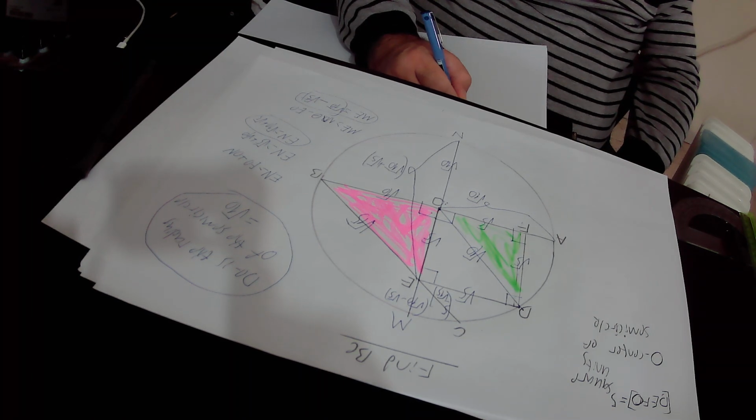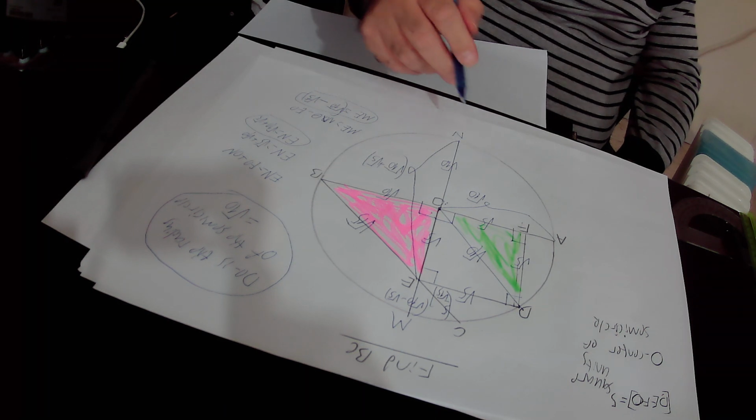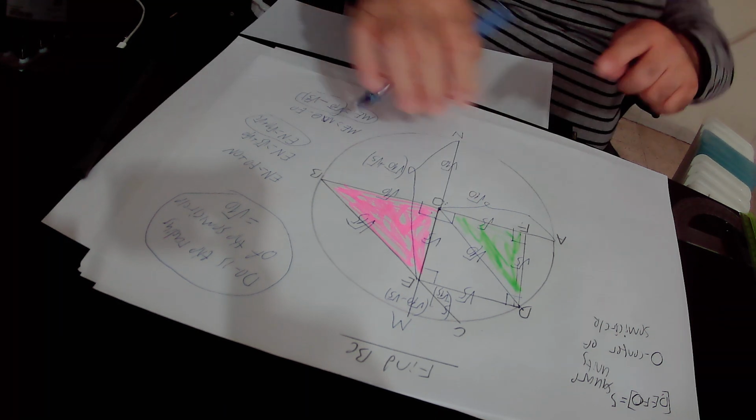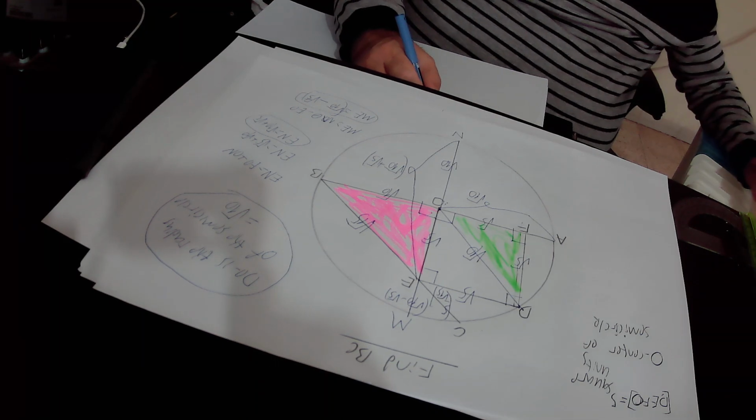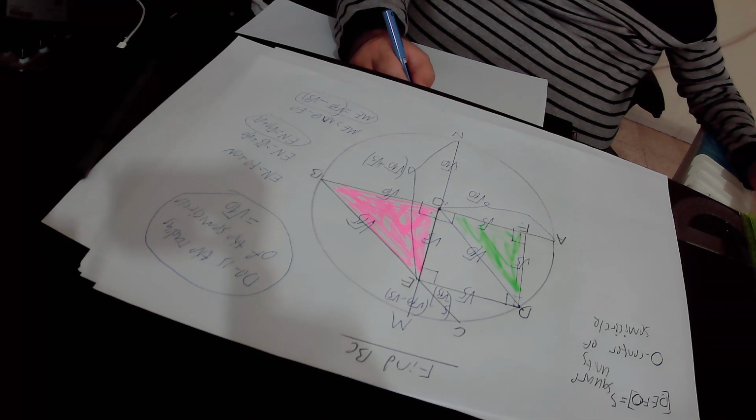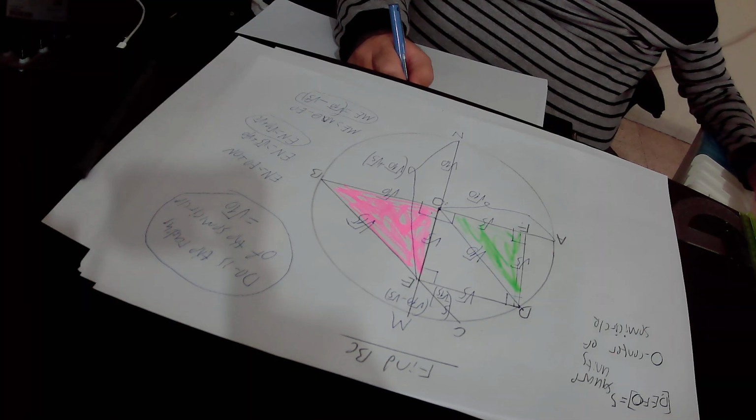What is the value of CB? It is very easy to see from the drawing that CB equals CE plus EB.